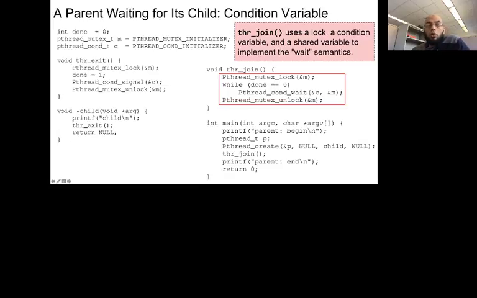Okay, so logically what would happen is that the thread join will get called first. So if you look at the main method, once the thread is created, thread underscore join gets called. Thread underscore join acquires the lock on m, okay, and checks if done has been changed.